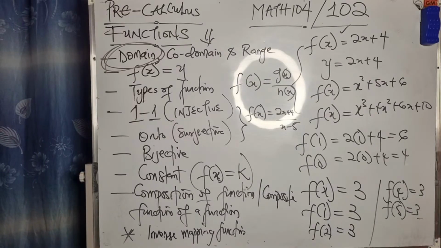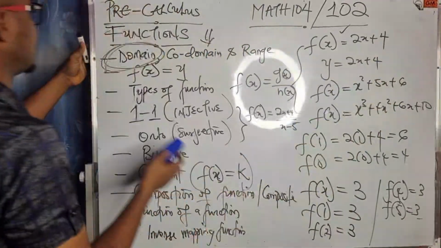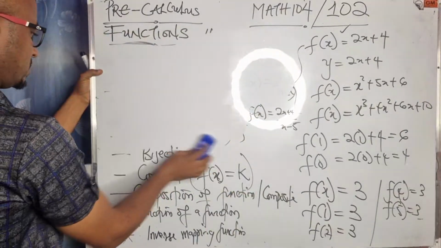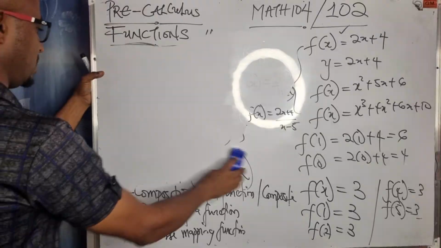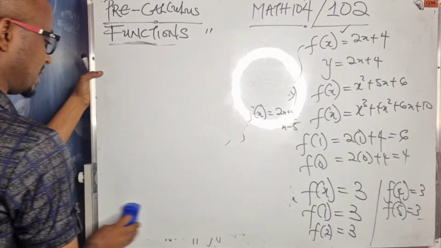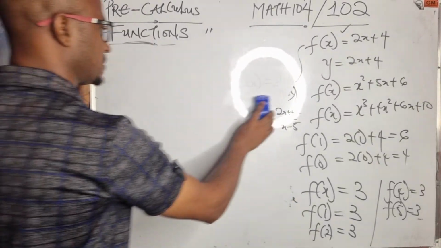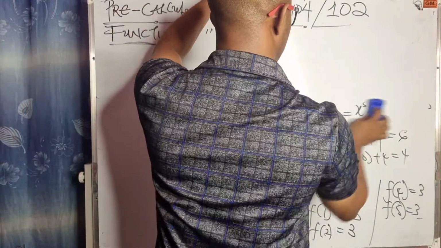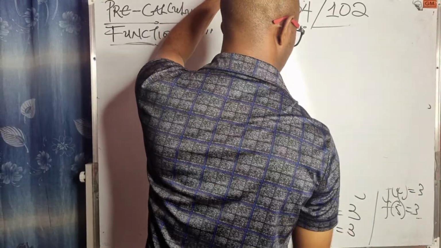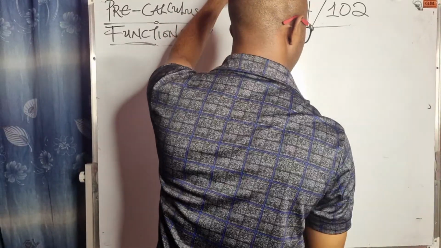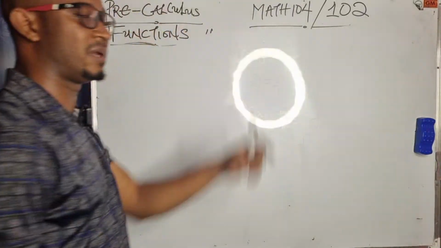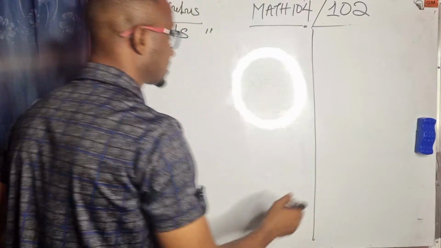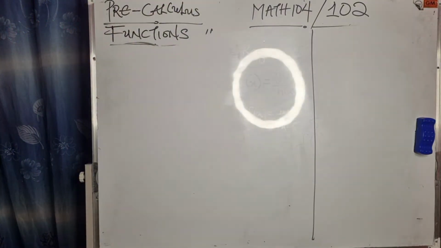Okay, so let's proceed. One of the most important concepts you must take note of in function is called the domain. Very important, because it is the domain that describes a function. We can't evaluate a function or a graph without knowing the possible values of x that can describe or explain that graph.